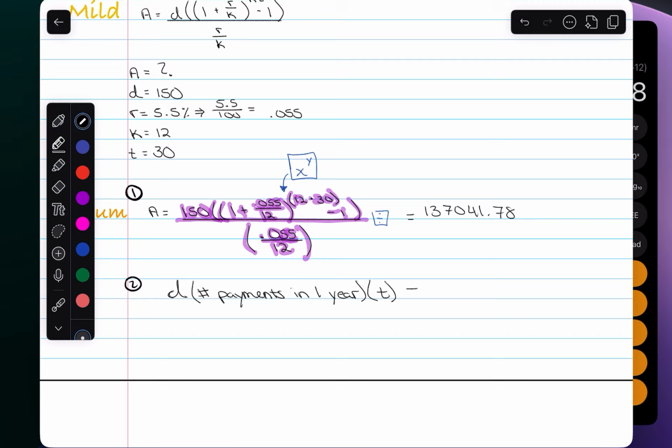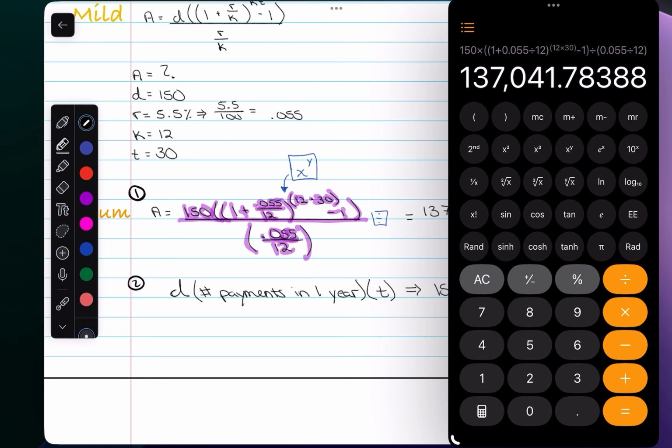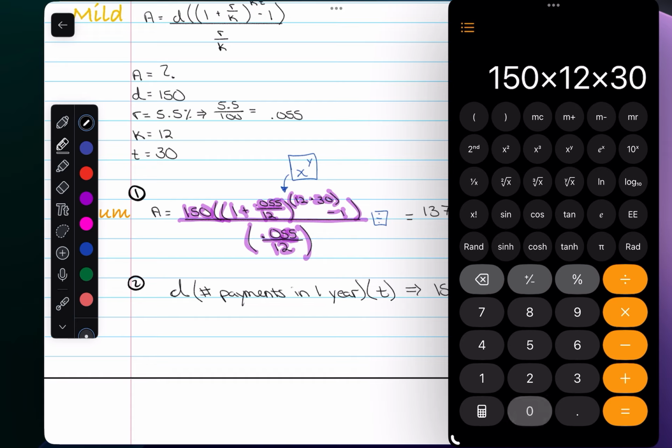Okay, so in this particular case, we're going to take our monthly deposit, which was 150. That's our regular deposit. Since we're making these payments monthly, that means we are making 12 of them in 1 year. And then we are going to multiply that times 30. So when we multiply those three together, that's going to give how much we input into the bank. So I'm going to do in my calculator 150 times 12 times 30 years.